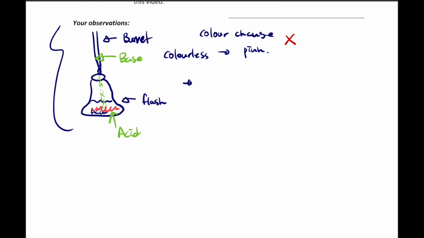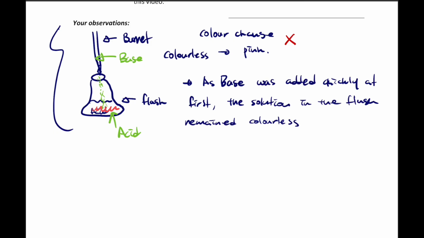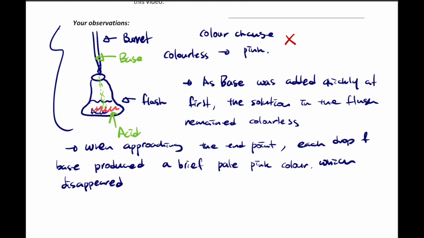Okay, so we can say that as base was added, however, when approaching the endpoint, meaning when the reaction almost ends, the color disappears after swirling the flask.